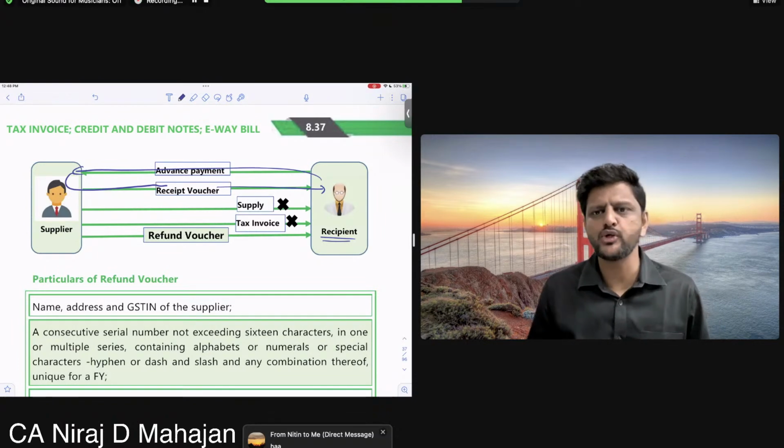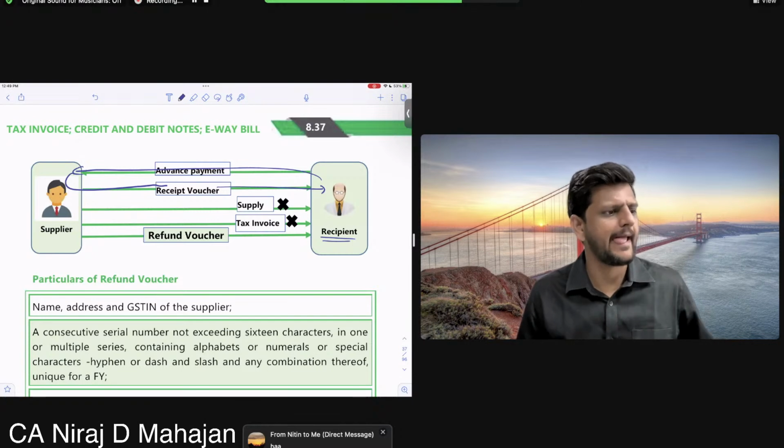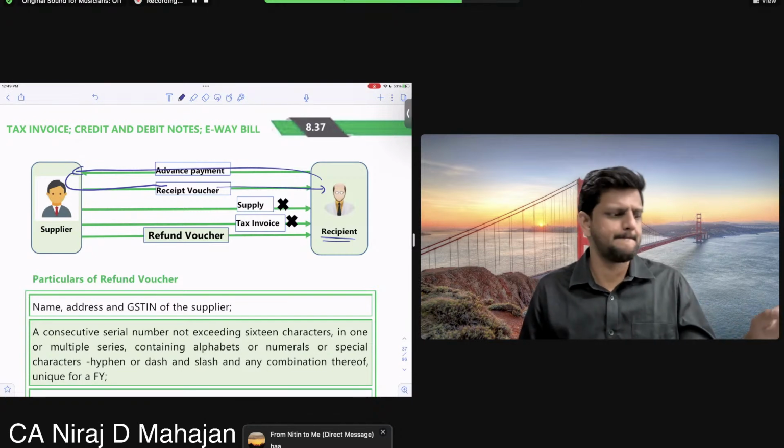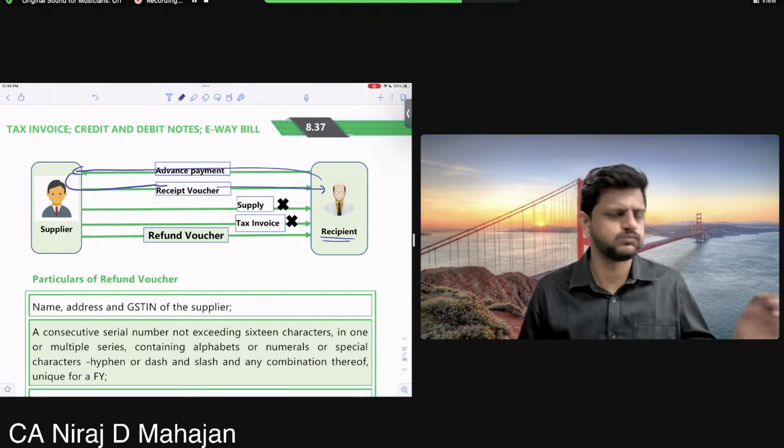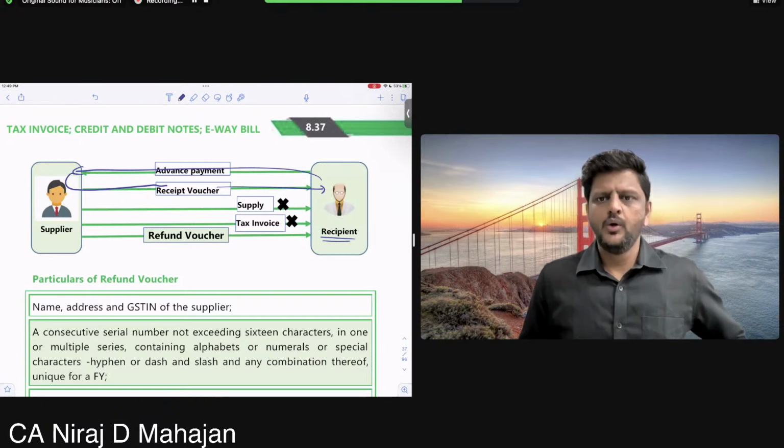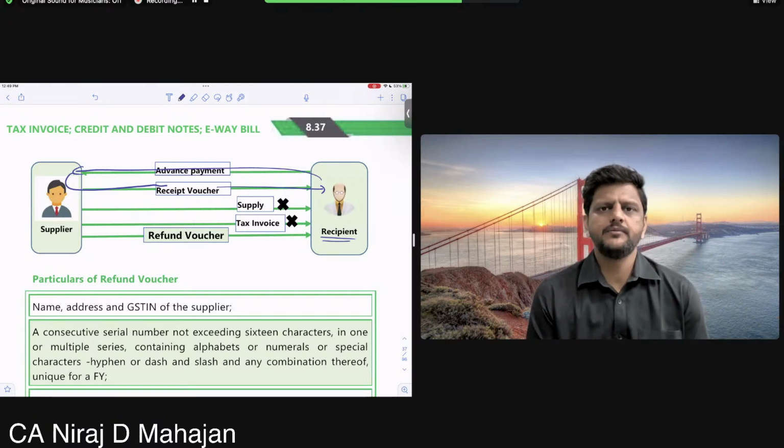Do you remember section 15 of income tax? When is, bachcho, income from salary taxable?